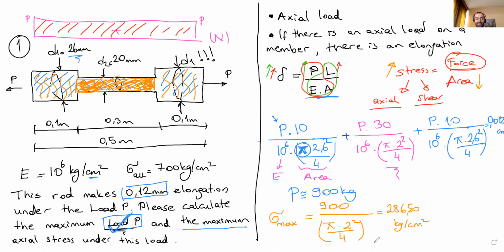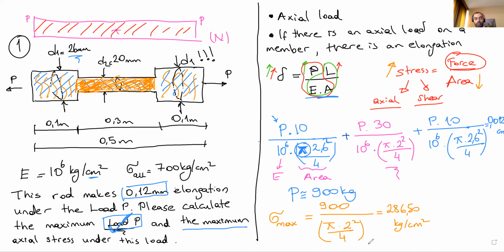Is it safe or not? Is the structural member safe or not? This is the question. How can we decide that? Yes, we have the maximum stress. We have to compare this maximum stress with the allowable stress sigma allowable.